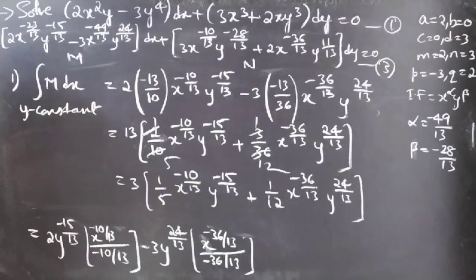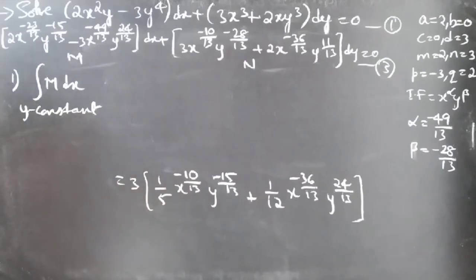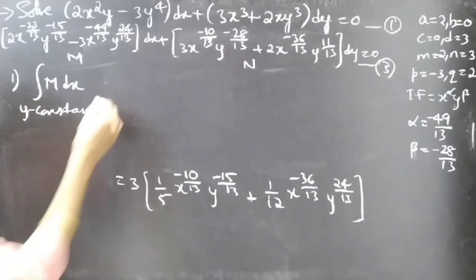You can simplify this. Take the LCM of 5 and 12, which is 60.